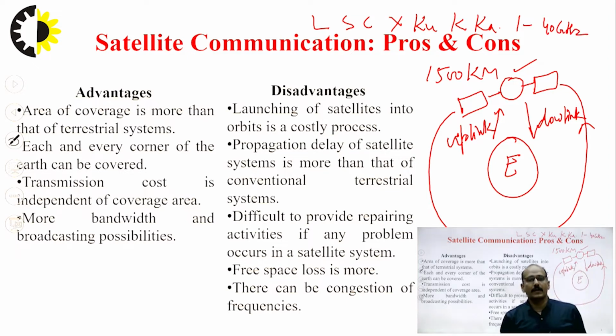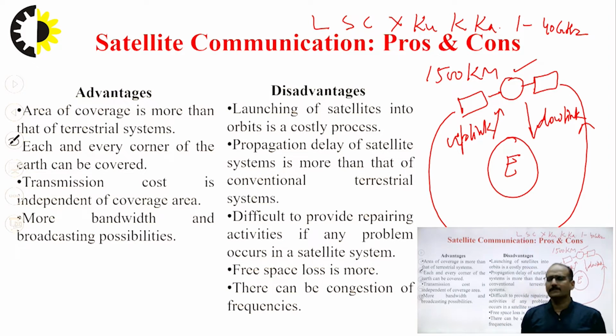In that band, the L, S and C bands are used for domestic communication purposes, while the X band is used for military or intelligence purposes, whereas the Ku, K and Ka bands, which stand for K under, K and K above, are used for extraterrestrial communication, for deep space missions.